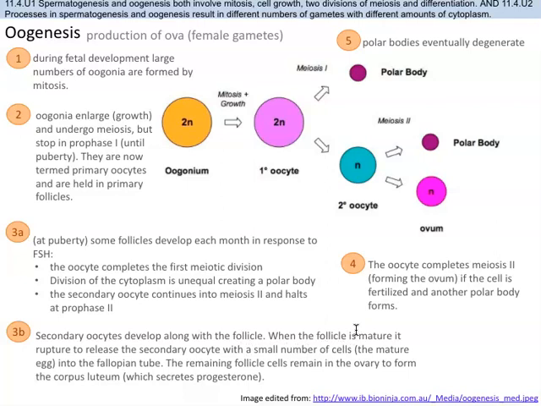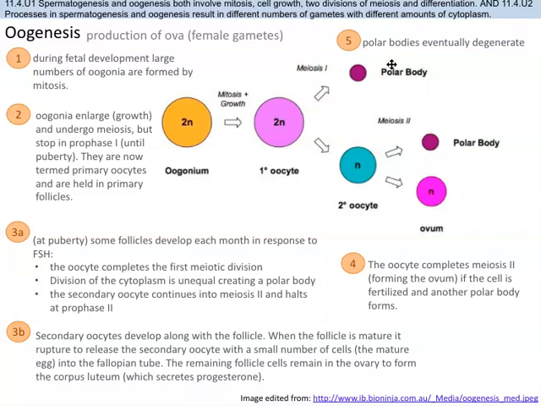Okay, this is then going to finally go on to complete meiosis 2, the final formation of the ovum or the egg. So it goes through meiosis 2, and then we have your final developed ovum, as well as another polar body.